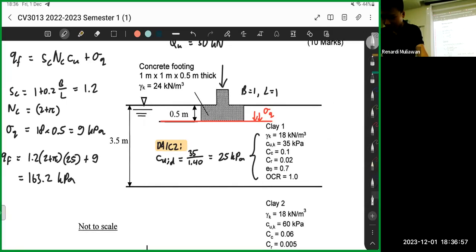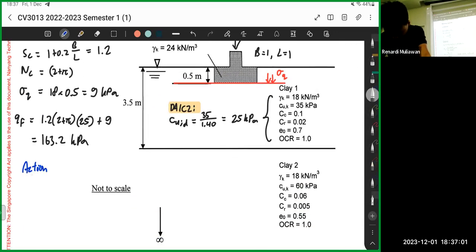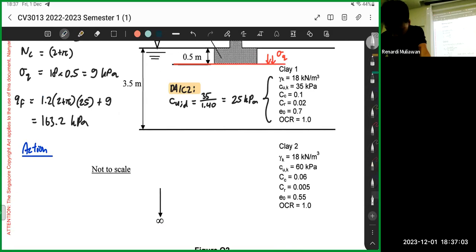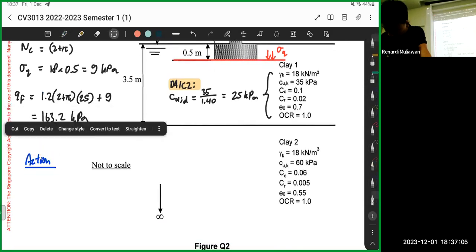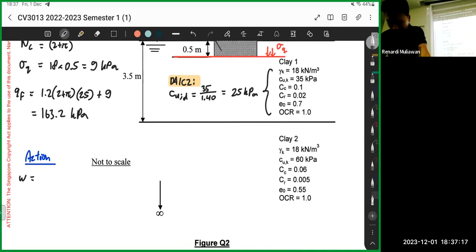Now let's find the action. I think action is even easier. So action, I'll use the symbol W. Sometimes they use N, like small n, but same thing. This is the A1C2, right?